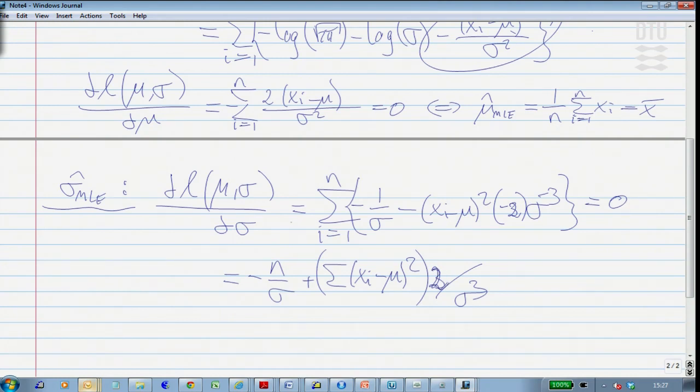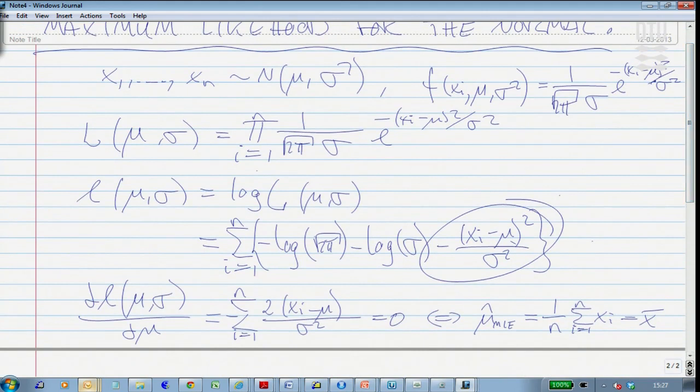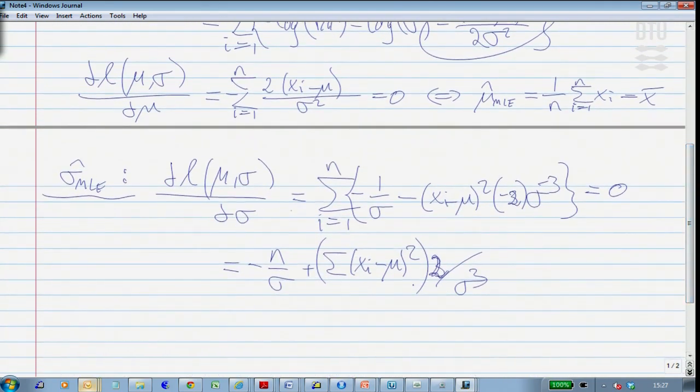Now, actually, I've done another little mistake because I forgot a 2 up here. Actually, in the beginning, there is a 2 there as a part of the density function. So this one I need to carry on with. And it has the lucky effect that this 2 that I forgot from before will cancel out with the 2 that I just had here.